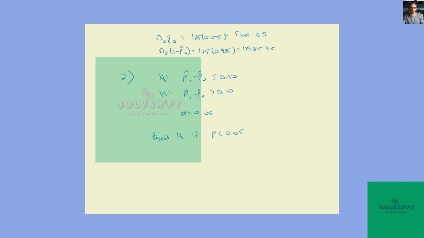And the test statistic is a z-test statistic, which is calculated as the difference between the p hats minus the hypothesized difference over the standard error.